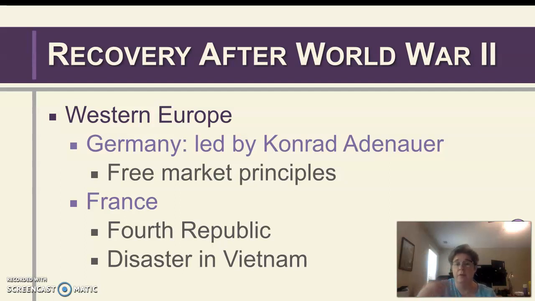And if other companies want to kick you out of business, they're going to have to do it by making something better and smarter than you do. So it's a free market, a capitalistic system. That's what Germany established. They experienced really good, solid growth over the next several years, and they were able to establish a solid government.